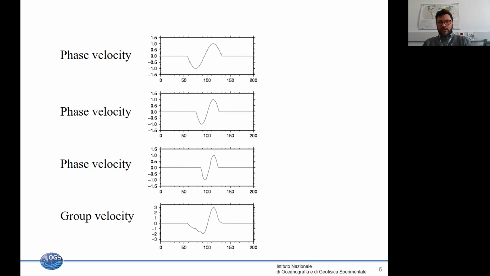But if you look at the very bottom panel, the combination of nearby frequencies, the group velocity, you can immediately notice that this perturbation altogether has a velocity which is lower than the velocity of each single phase.